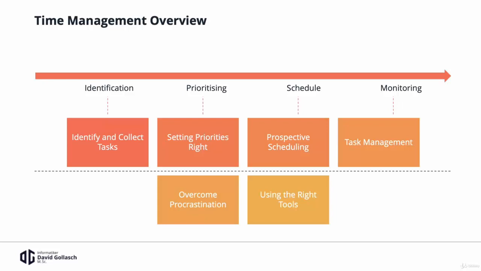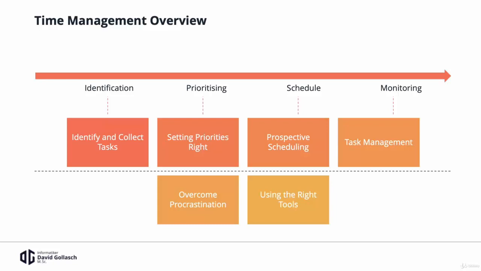The second phase is that we have to reorder all those tasks. So we are setting priorities. There are strategies to do this in the right way. In the third phase, we find a way to take the ordered list of tasks that we have to do and schedule them into our daily schedule or the weekly schedule whatsoever.